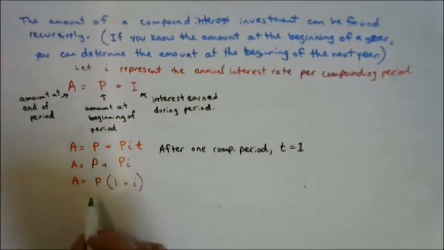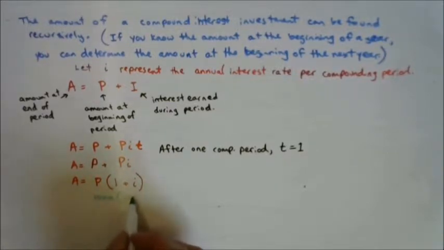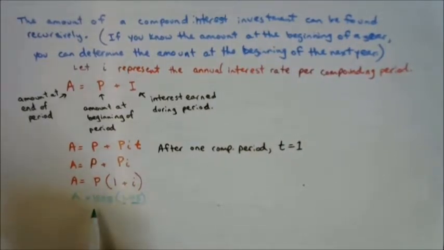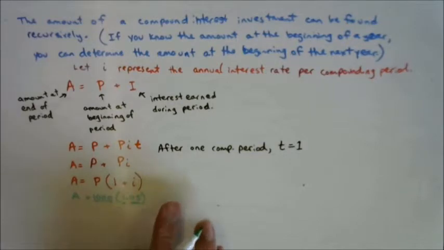You don't need to write this, but it was just our $1,000 times 1.05, because our interest as a decimal is 0.05. Add it to 1. So the amount left at the end of the year is the amount that you started with plus 5% of itself, or 1,000 times 1.05.